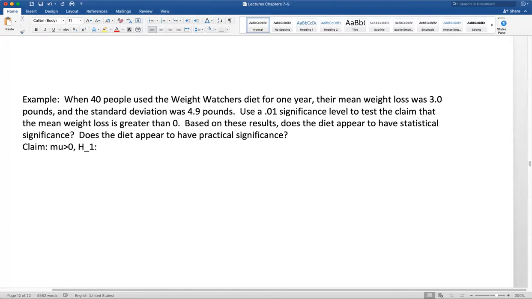So the original claim, mu greater than zero, is H sub 1, and H sub 0 is mu equals 0. The sample mean weight loss is 3 pounds, the sample standard deviation is 4.9 pounds, the sample size is 40, and alpha is 0.01.